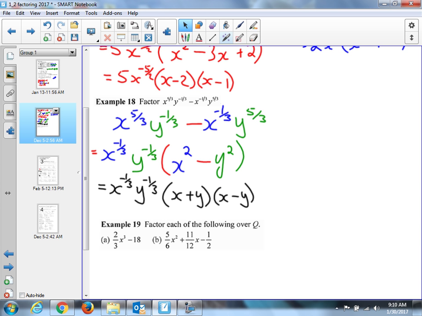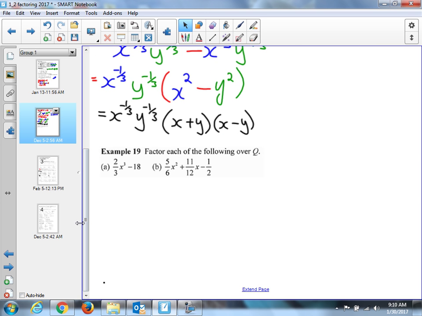Lastly, factor over the set of rationals. Look, the gravy. We've got 2/3 x cubed minus 18.